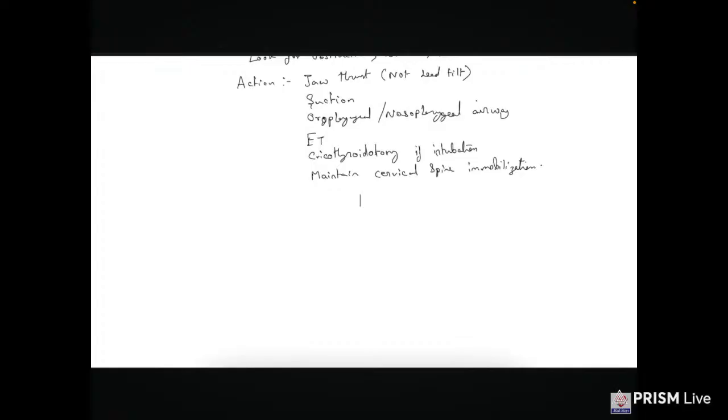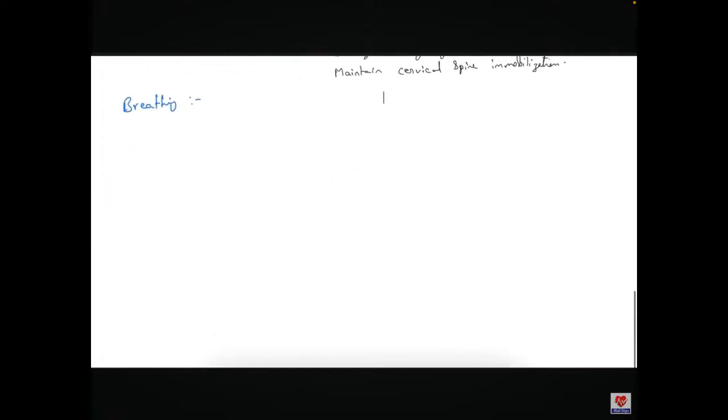So next thing we are going to do is check breathing. A means airway, we already discussed. Now breathing. In breathing, mostly we start with chest rise, and whether breath sounds are coming or not, and we have to check oxygen saturation and respiratory rate.